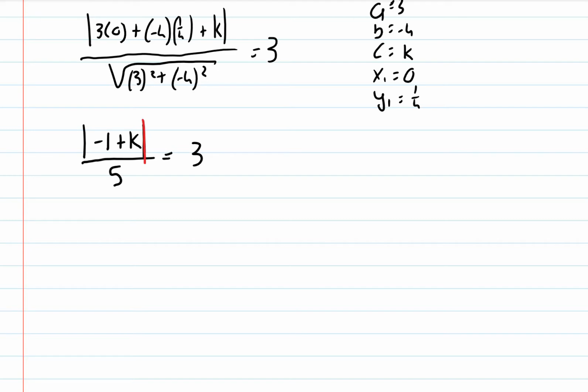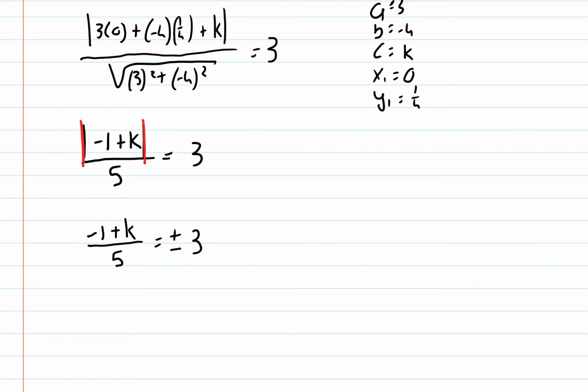Now notice here we have the modulus, which means this here is always going to be plus. And you should know from algebra how we solve that is we get rid of it. However, once we get rid of it, we look to the other side and we say that's plus or minus.